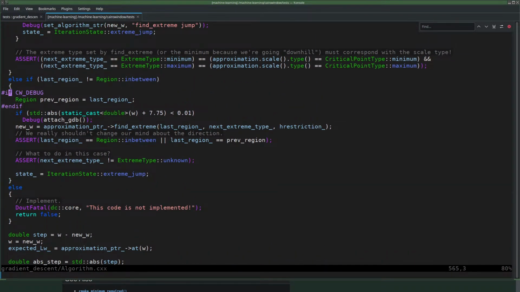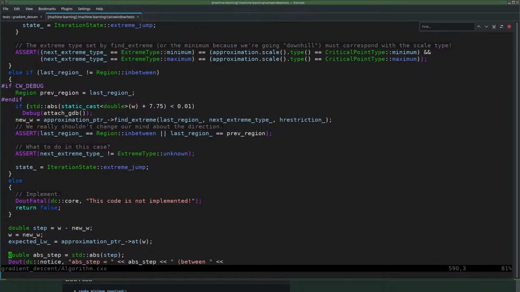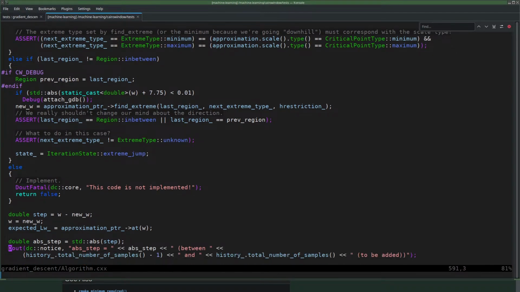So this function does call find extreme. Then it notices that it found that extreme. We are already there.